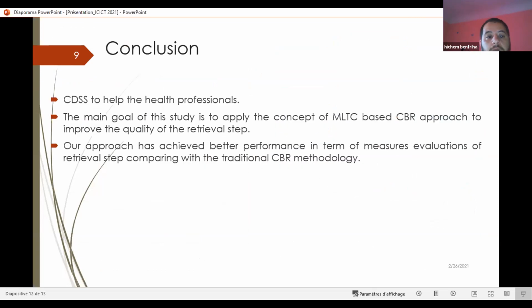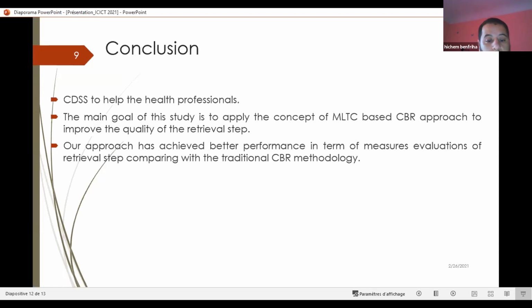In this study, we have proposed a CDSS whose objective is to help the health professional in the critical care service choose the useful and right physical gesture in child's TB. We have introduced the merging of multi-level text categorization and the CBR approach to address the most important challenge in child's TB healthcare.